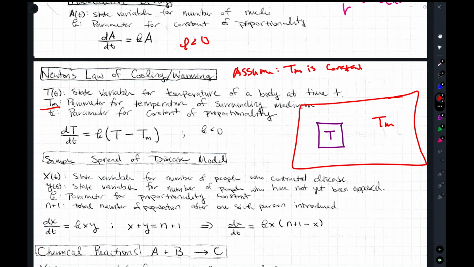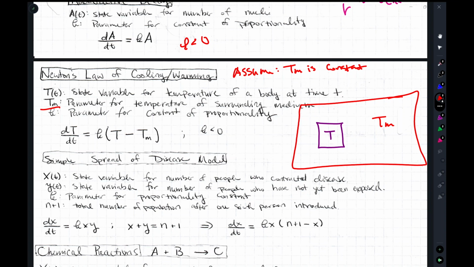That's a parameter, and it's the temperature of the surrounding medium. Now again, that's a mathematical assumption to say that T sub m is constant. It's often a good idea to understand what you're also assuming physically when you say something like that. I mean, if two bodies are at different temperatures and you combine them, in general, one will cool and the other would heat. Here we're saying Tm is constant.